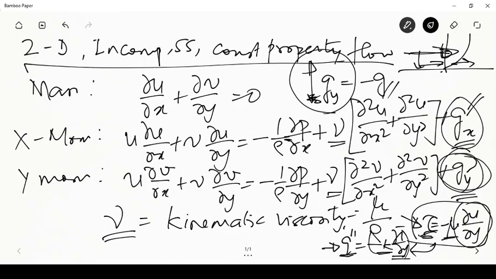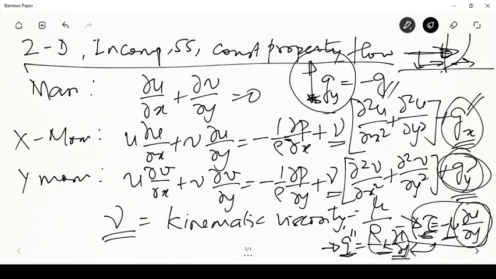So such field forces which are exerted over all parts of a given body are called body forces. So gx and gy are body forces. When the gravitational forces are negligible compared to the other forces in the fluid, normally these terms are dropped, otherwise they are kept in the equation.